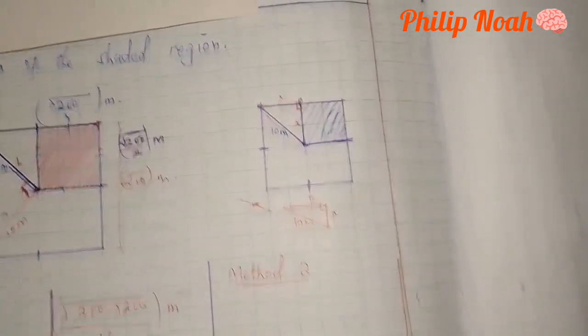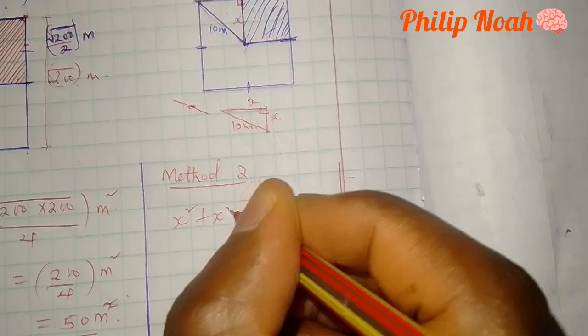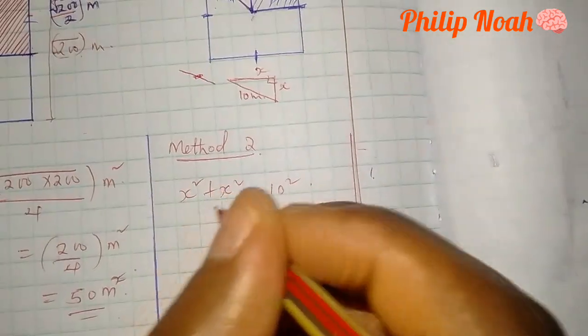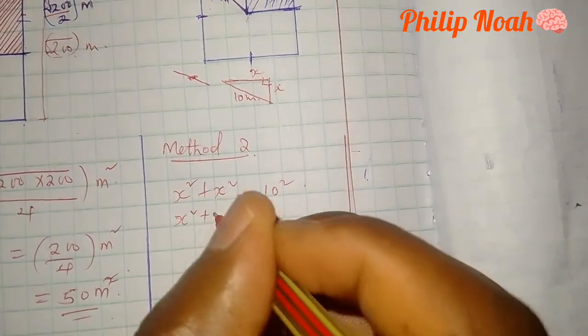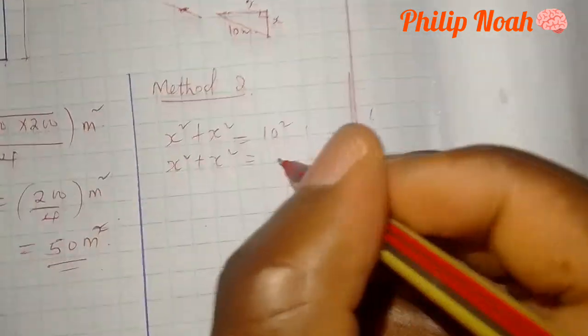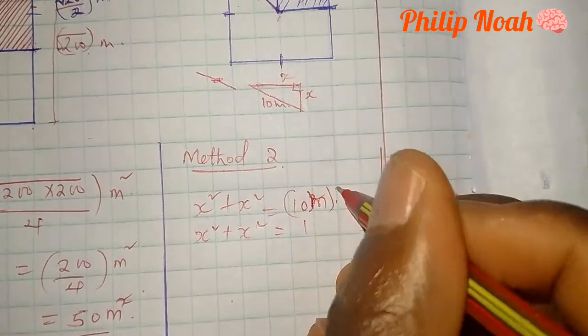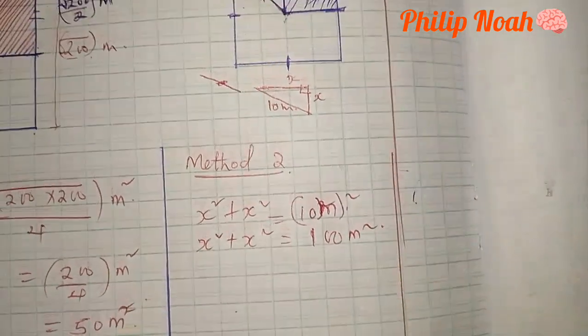So we use Pythagoras theorem and say that x squared plus x squared is equal to 10 squared, which is 100 meters squared.